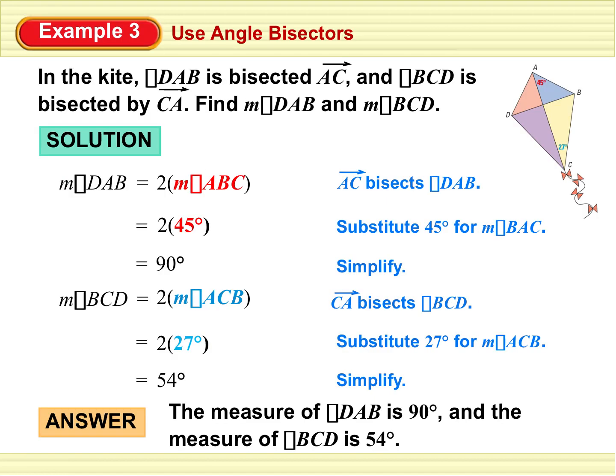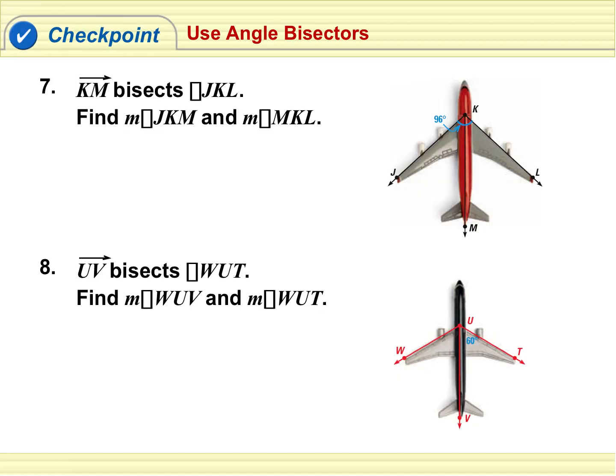We're going to be solving for x's, I believe. Yeah, not yet. Sorry. Let's look at this one. It says KM bisects JKL. Okay? It says that whole angle is 96 degrees.